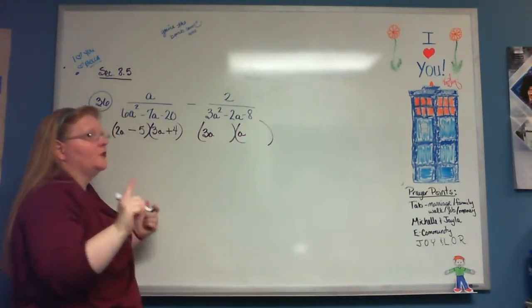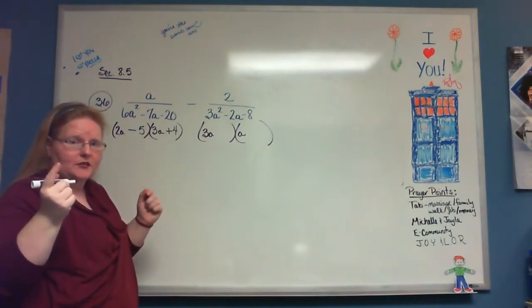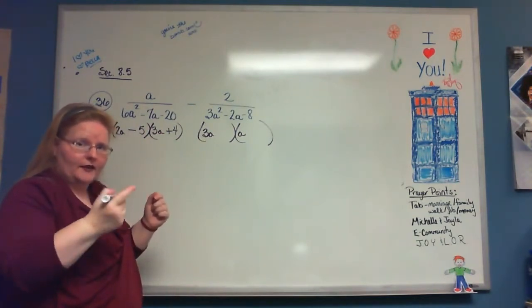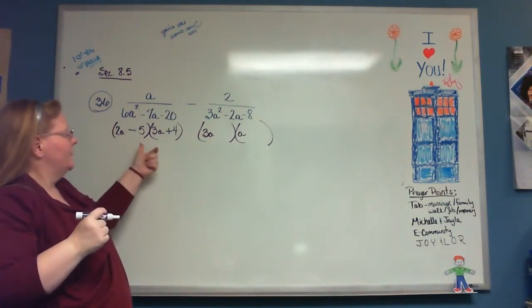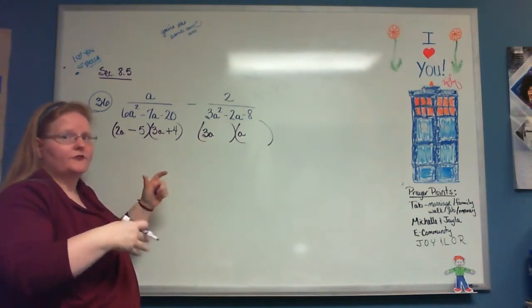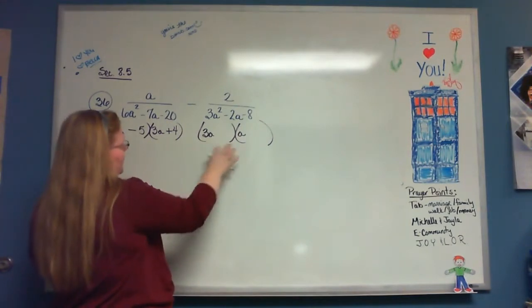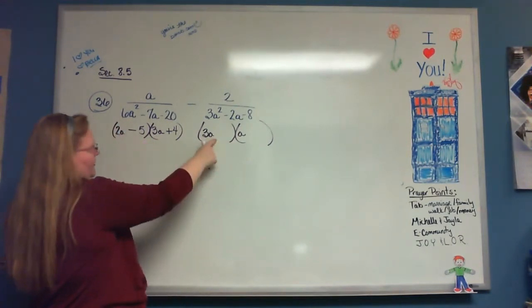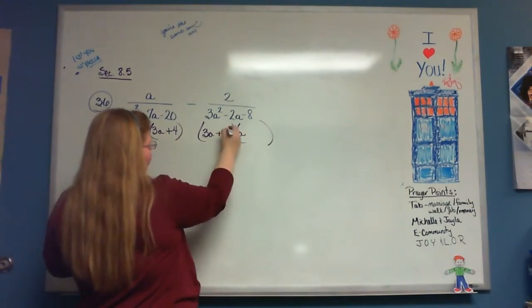Now, remember before how I said when you do multiplication and division, they want to repeat because they want that commonality to cancel out? Well, when you're adding and subtracting, they're going to want to repeat on the bottoms, so it'll be easier to find that common denominator. So when I look at these, I bet this one's going to be just like that one.